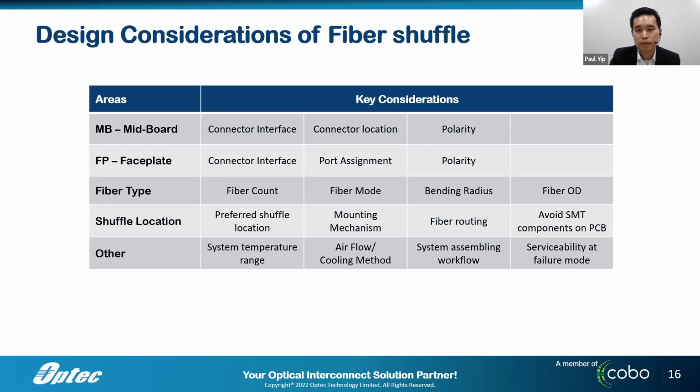And other concerns, as I mentioned, like temperature, vibration, and different kinds of cooling methods. So we can consider all this in our designs. And of course, finally is how we can service them when one end or one fiber has failed.